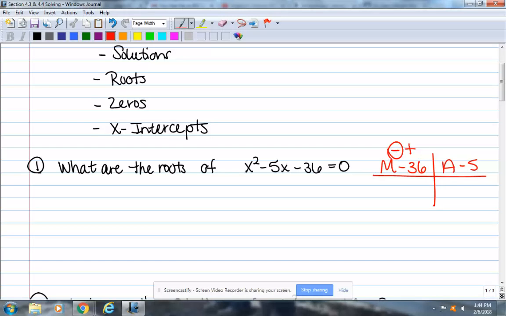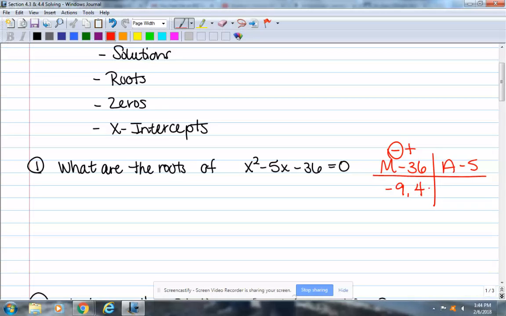The bigger one needs to be negative. So -4, +9, right? You're right, sorry. Does that multiply to get -36? Does it add to get -5?